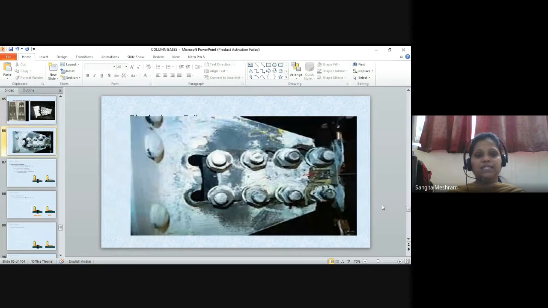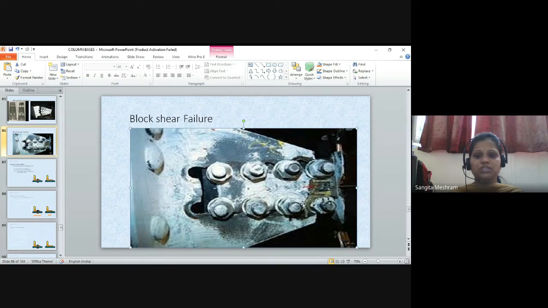Then the third type of failure is called block shear failure. That means the whole plate gets crushed off or slips off from that particular member. Just see that this rectangular plate gets crushed off from the main plate.